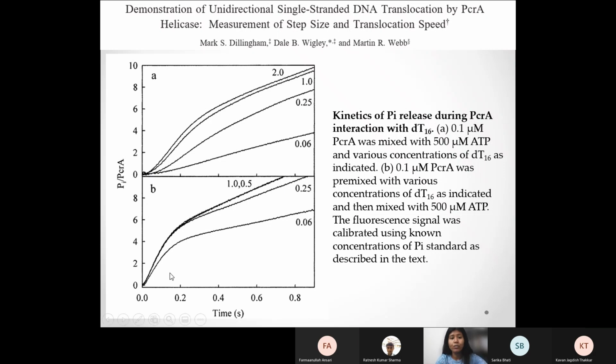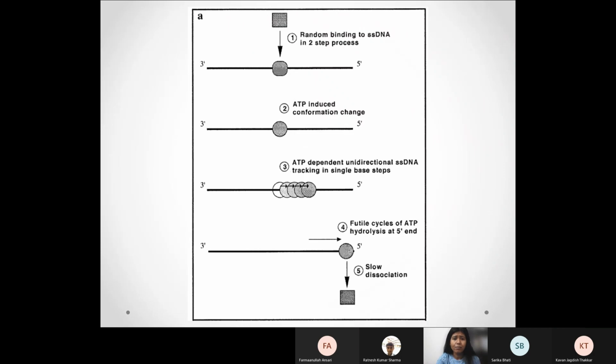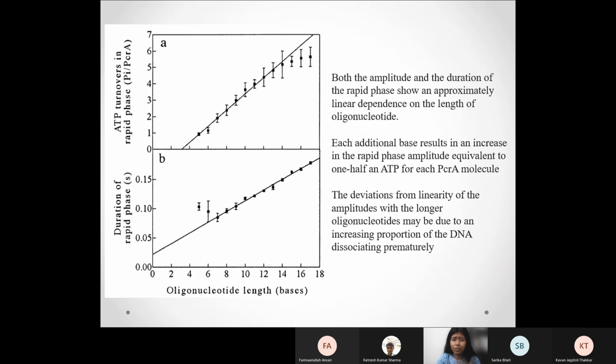So those plateau regions will be reached later, and that is what you see here as you keep increasing the amount of DNA. Whereas at low concentrations, you can see the plateau is reached earlier. So these were really initial experiments that were trying to determine the nature and kinetics of these helicases as they are translocating on DNA.